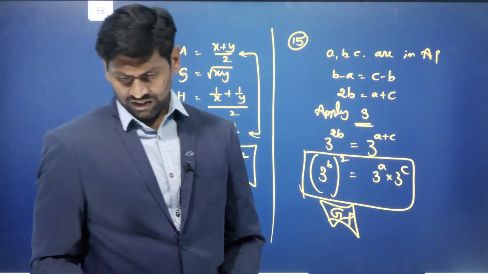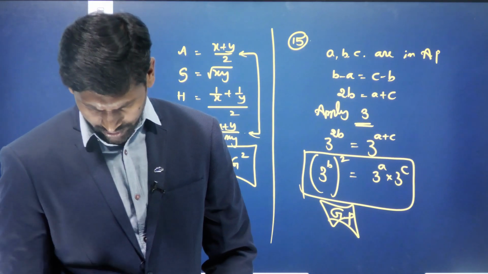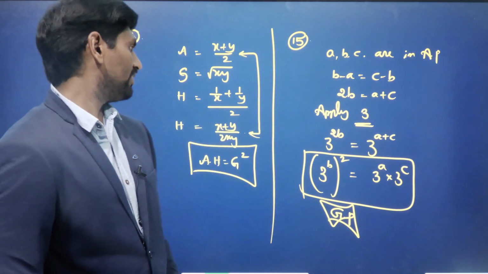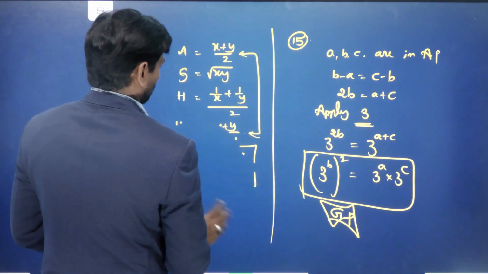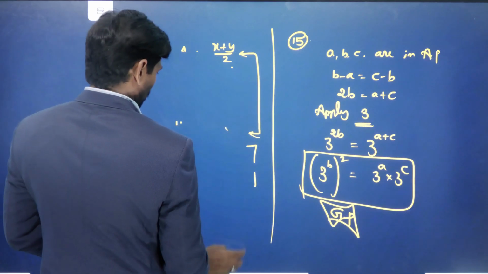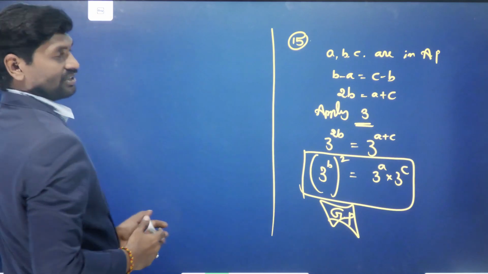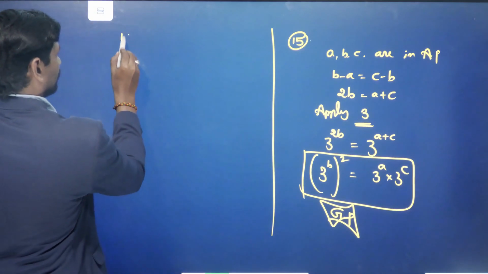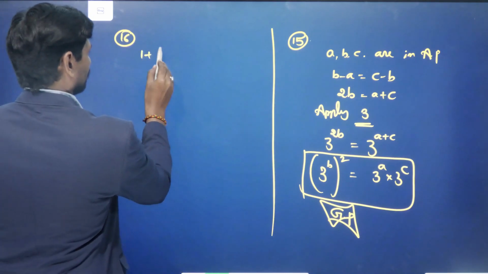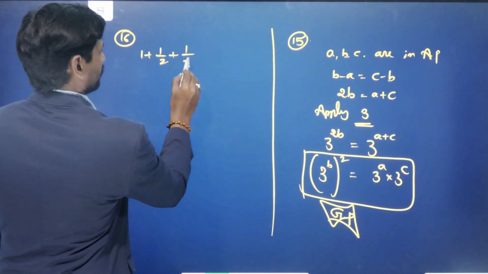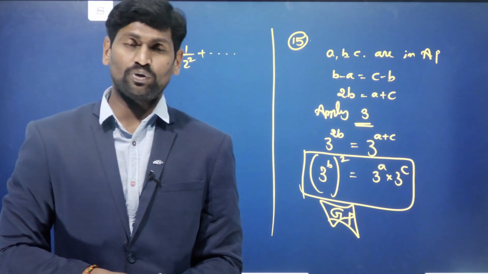Now, coming to the sum of the series 1, 1 by 2, 1 by 2 square and so on to infinity. I am going to explain the 16th problem here. The sum of the series 1 plus 1 by 2 plus 1 by 2 square plus and so on. While you are observing, this series is in geometric progression.